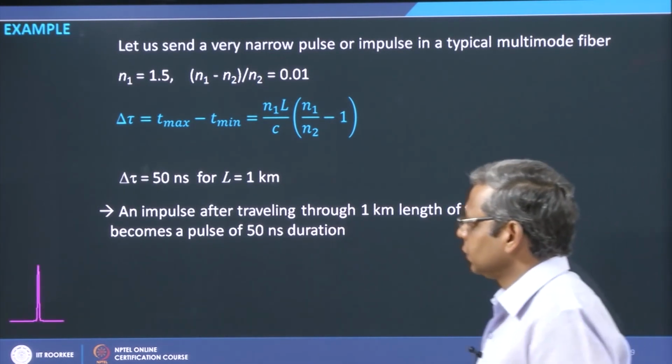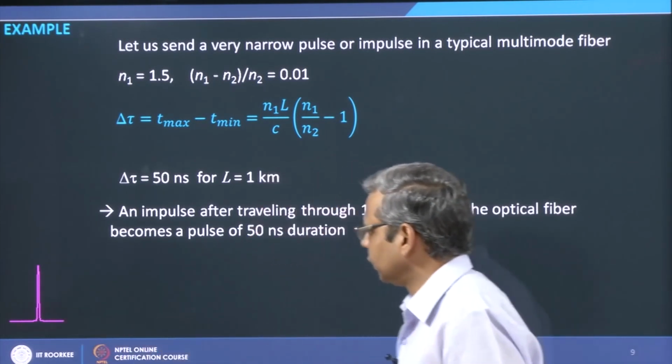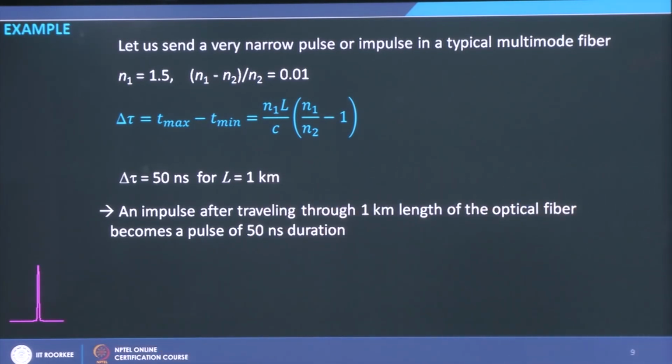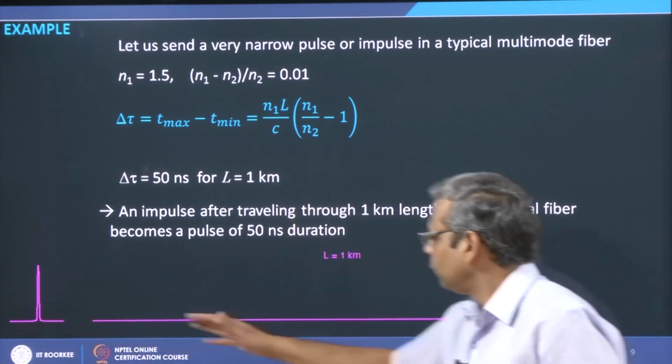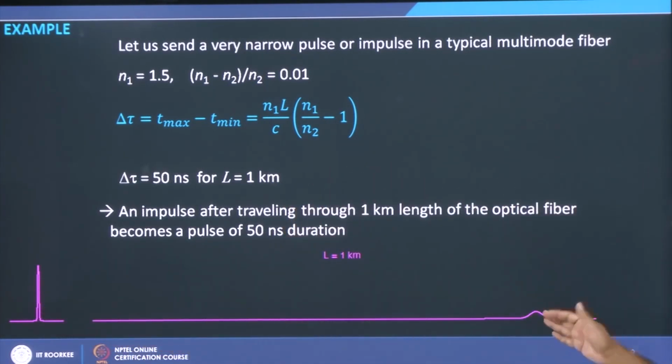So let me send this very narrow pulse through this optical fiber, and as it propagates through the optical fiber, it broadens. So you can see that it broadens. This pulse at the input end will come out like this at the output end after 1 kilometer length of the fiber.